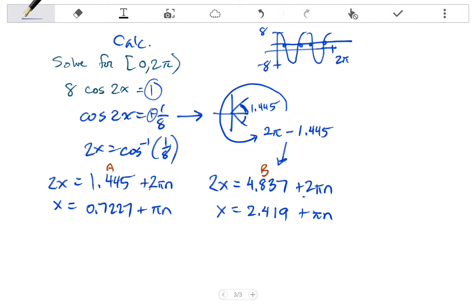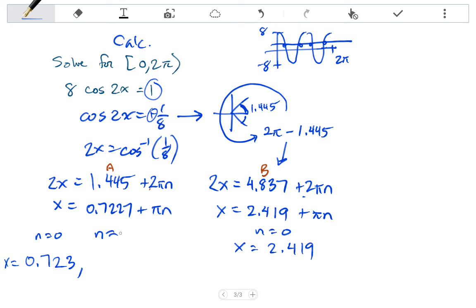Alright, so now we can find all of our answers. Keep in mind, first of all, when n is 0, you have the first answer of 0.72, and I'll just round it to the nearest thousandths, so that'll turn into 0.723. That's my first answer. Over here, I also get my first answer of 2.419. Okay, that's when n is 0.